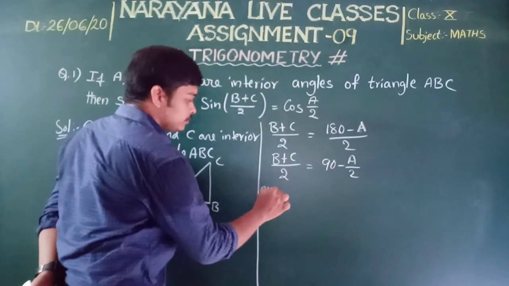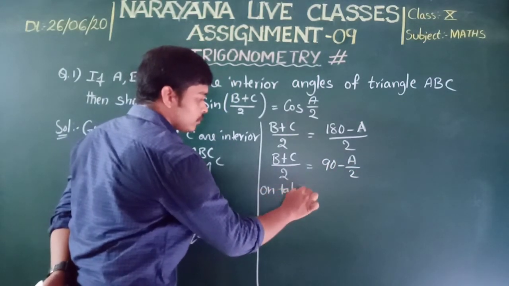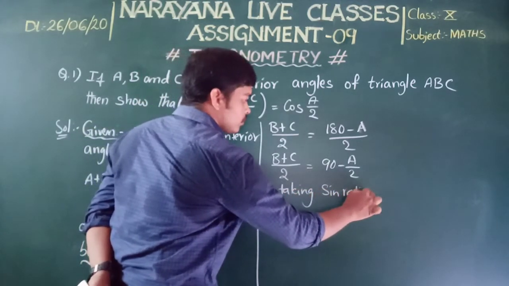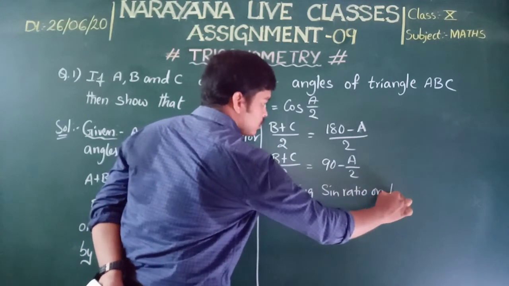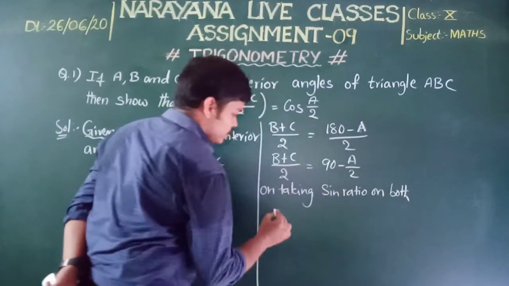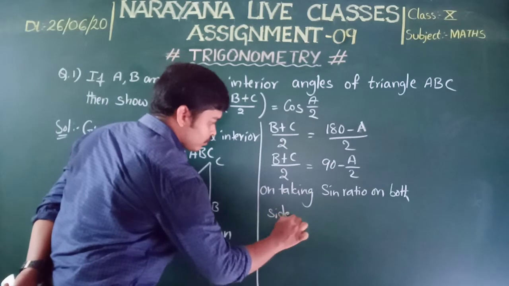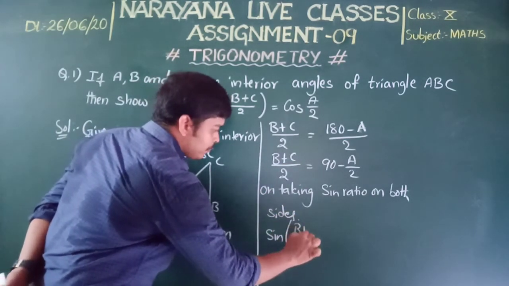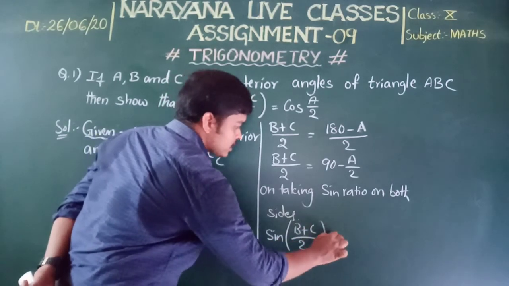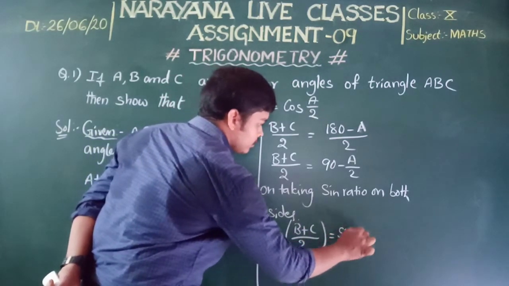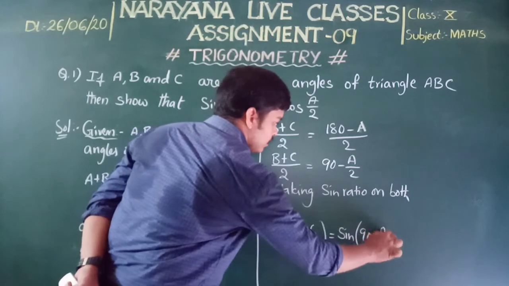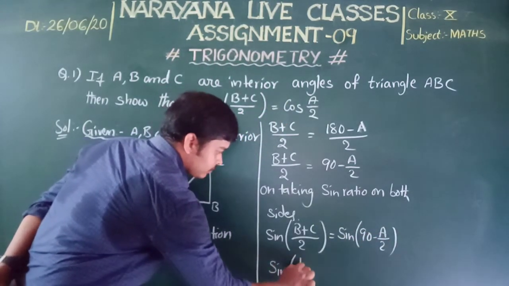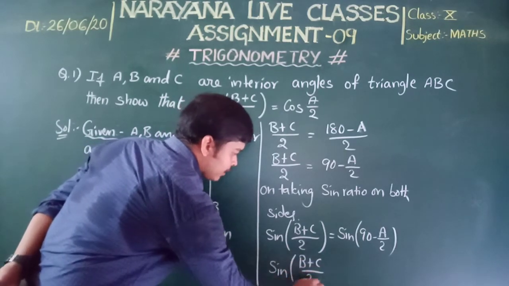On taking the sine ratio on both sides, we get sin (B plus C) by 2 is equal to sin (90 minus A by 2).